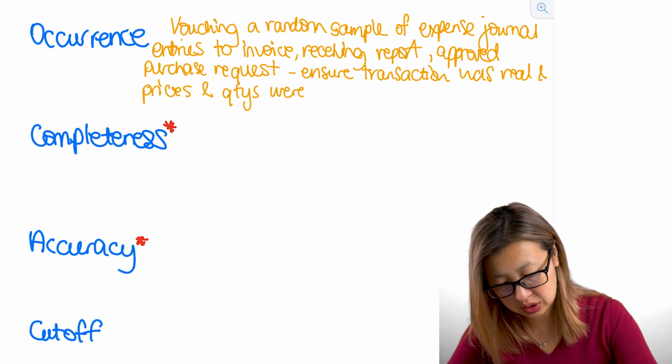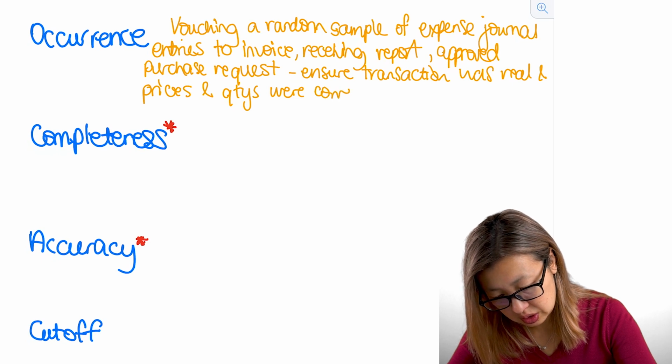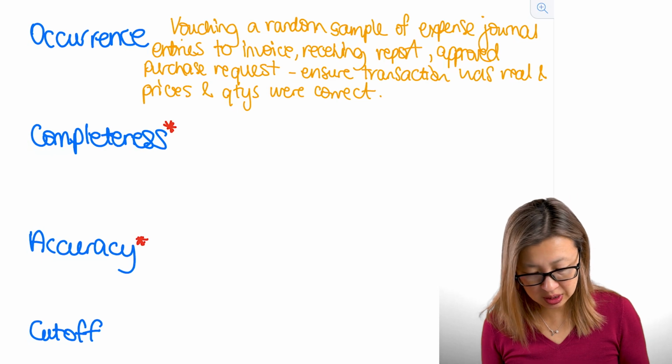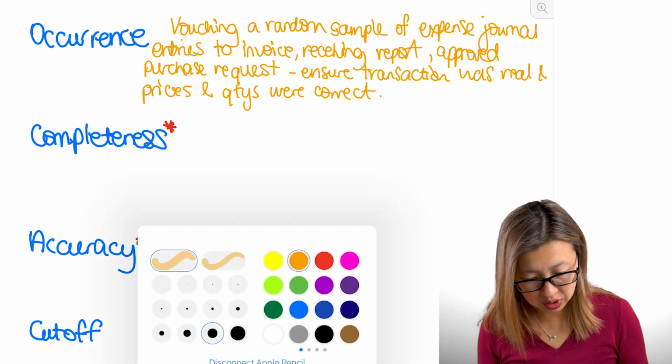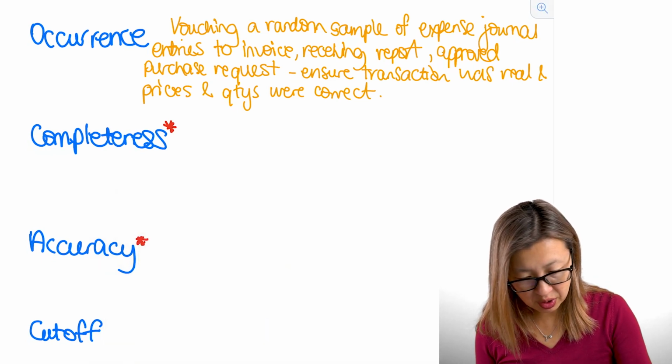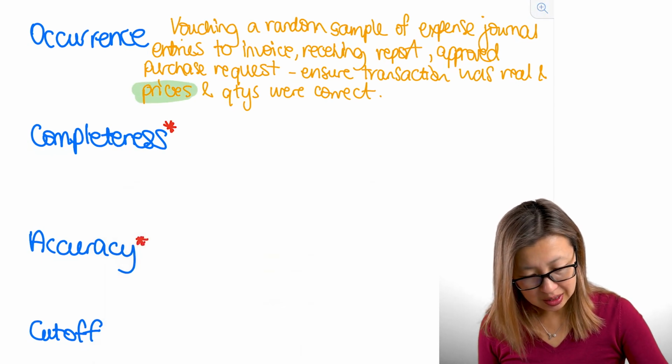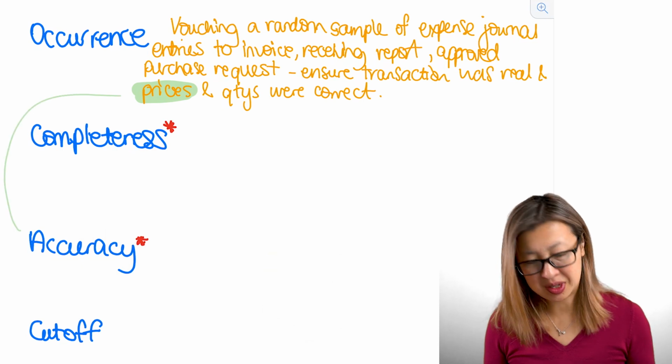Or let's write correct. All right, so I want to make sure that there is that documentation. Now, you notice that I've also said prices. So where I said prices here, that's also going to help me later on down here when I'm testing accuracy.